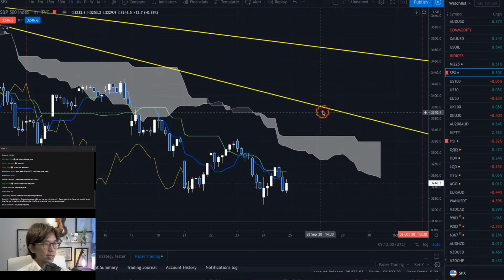But you can see that the price was resisted by this Kijun Sen. In my chart setting, the green one is the Kijun Sen, and the blue one is the Tenkan Sen.